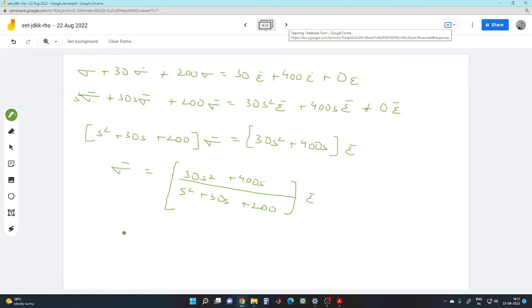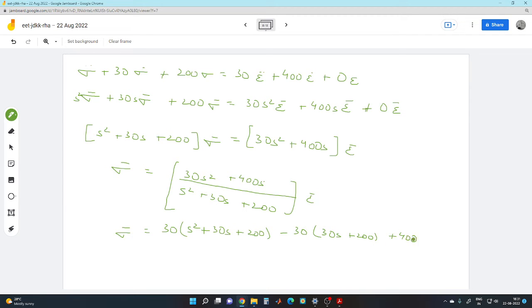So for separation of beta naught, we can simply write it as 30 into s square plus 30s plus 200 minus 30 into 30s plus 200 plus 400s, whole divided by s square plus 30s plus 400, and outside we have epsilon bar.